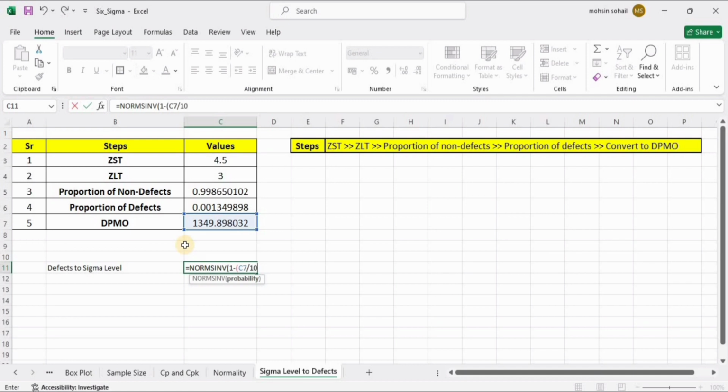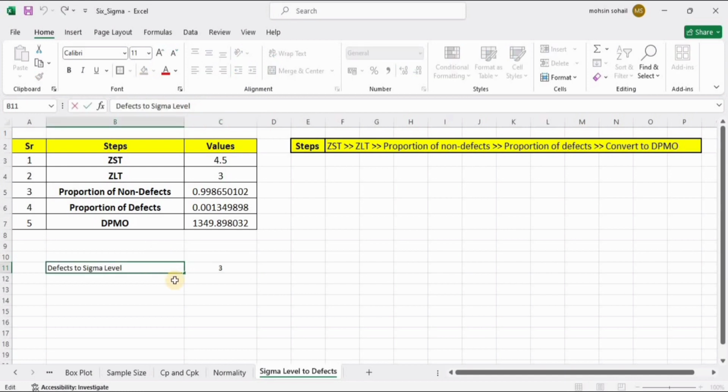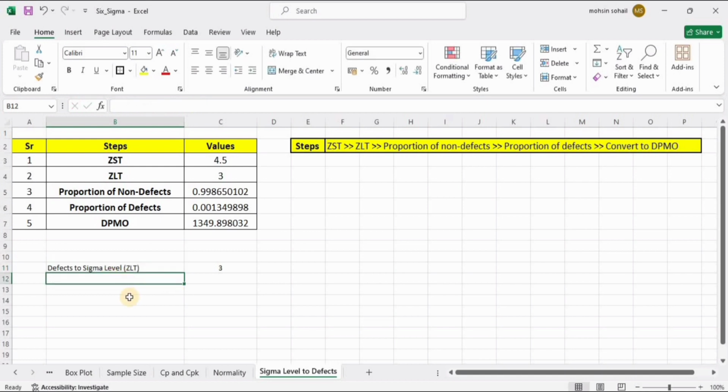Since we are talking about DPMO, the opportunities are going to be 10 raised to power 6. Press enter, and here we have the ZLT value, that is the long-term sigma level.